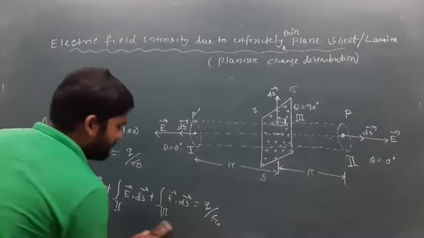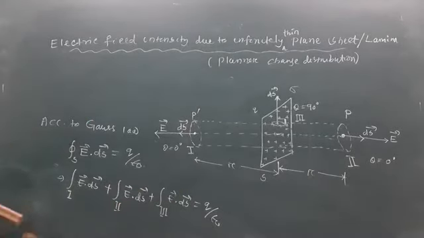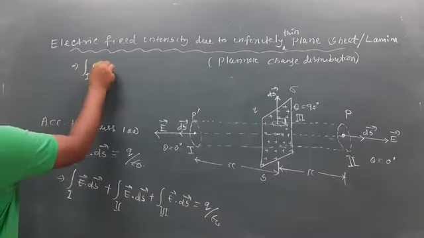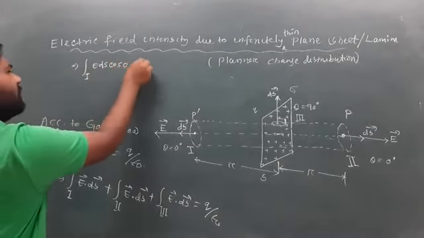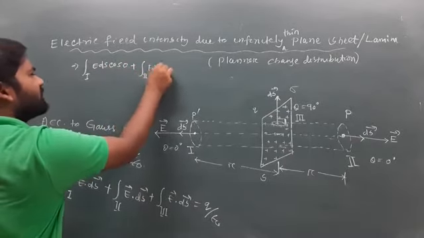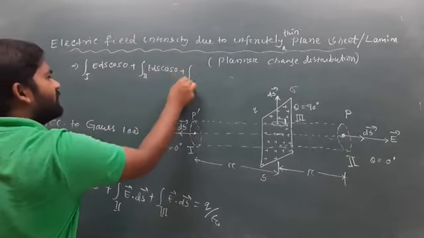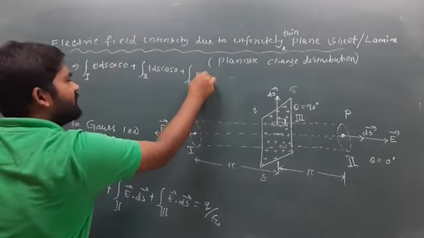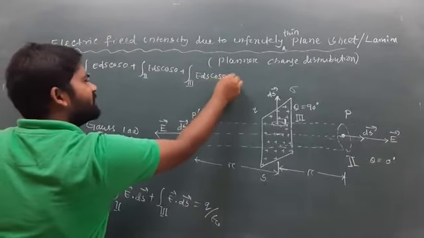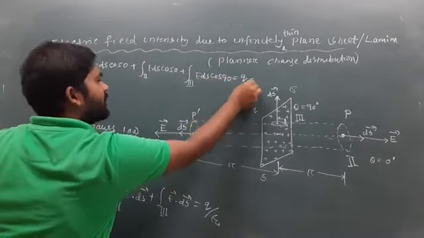Okay, so that implies integration over region 1 E ds cos 0 plus integration over region 2 E ds cos 0 plus integration over region 3 E ds cos 90 equals Q by epsilon 0.